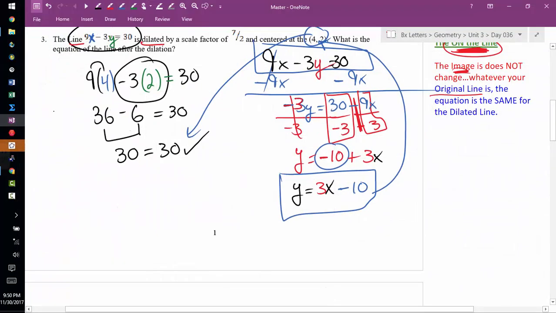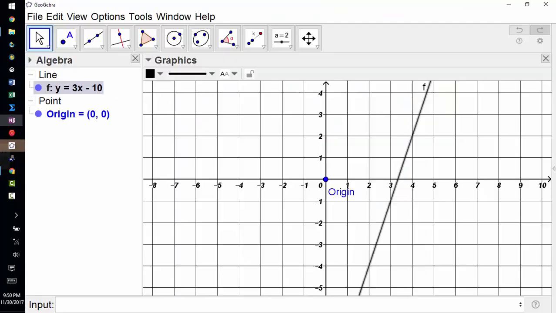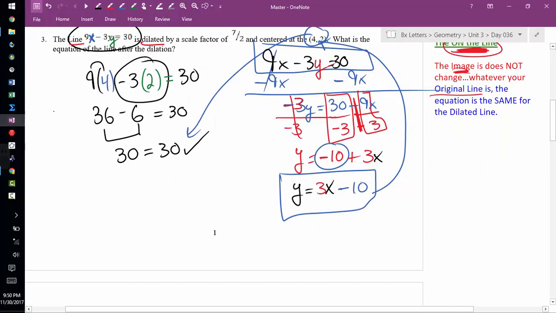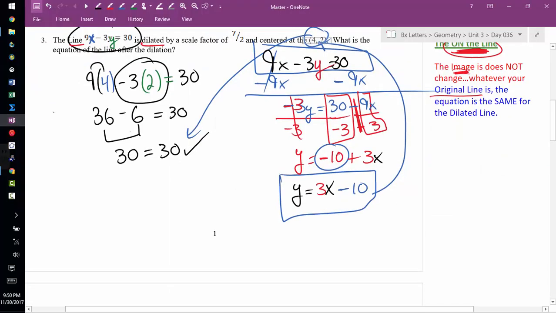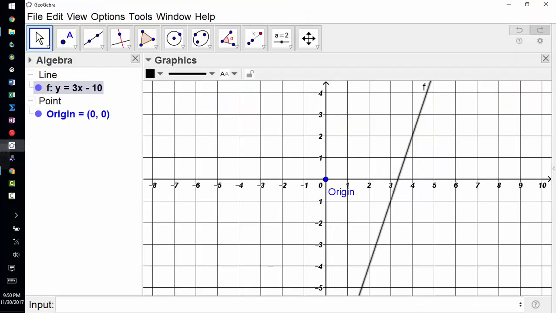So I'll pop back up. And we were supposedly dilating about the point (4, 2). So I'll graph that as well. I'll put that in coordinates, (4, 2). And that point is going to be on the line, and you can see it right there. It is on the line.